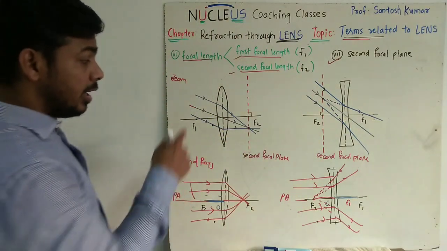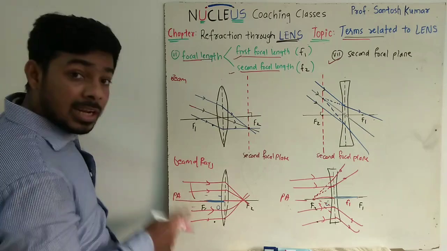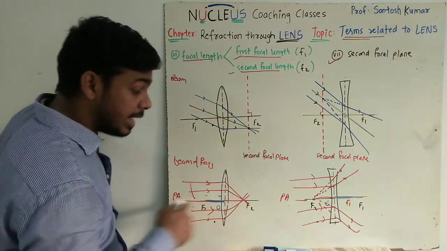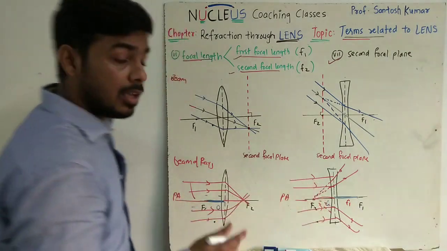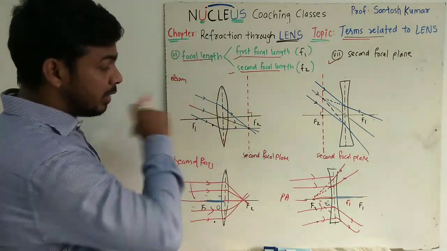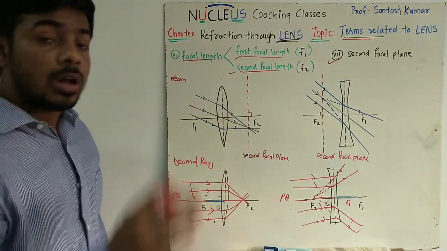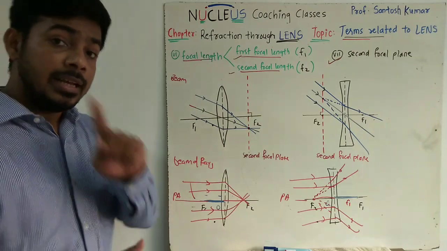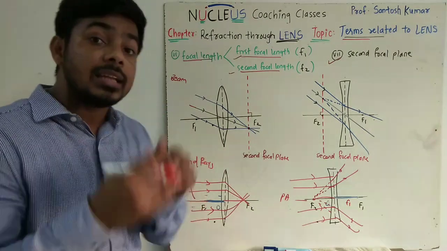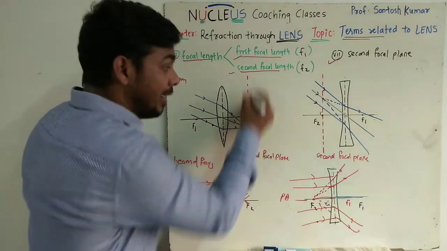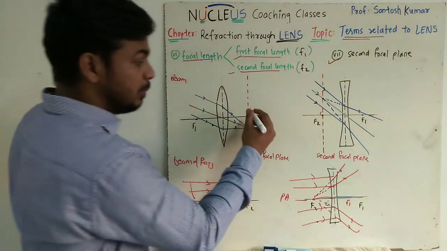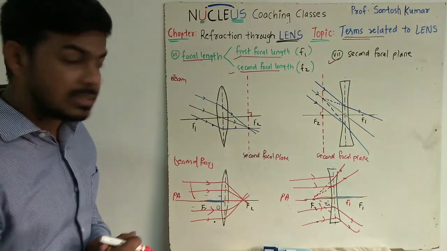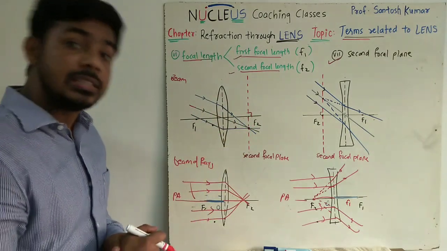But when the beam of rays is parallel to the principal axis, that point lies on the principal axis. Here, when the beam of rays is inclined or not parallel to the principal axis, they will meet at a point which lies on a plane, a plane which is perpendicular to the principal axis and passing through principal focus f2.